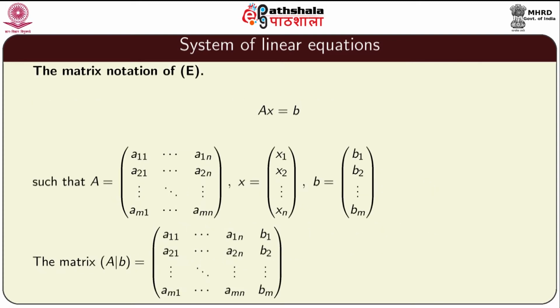Now, this is quite a convenient notation in terms of matrices, that system of equations E is often written as Ax equal to B, where A in matrix notation is this m cross n matrix.